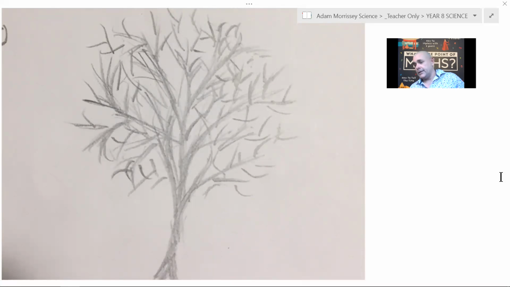So I find this is a really good project. There's a lot of really good learning, a lot of 'oh, now I understand how it all works,' and it ties in a lot of maths and science ideas.